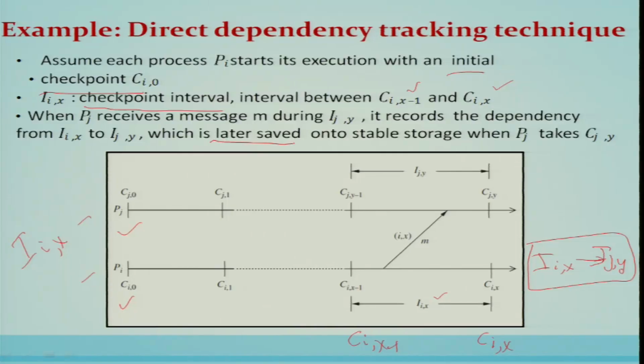Once this dependency is saved onto stable storage, and when the Pj takes its checkpoint Cjy, these dependencies are tracked and stored, so that at the time of recovery in the uncoordinated checkpointing they will be used to eliminate or avoid the domino effect.